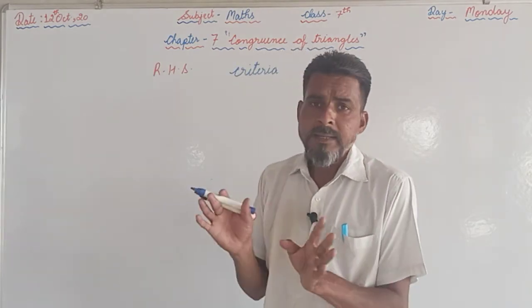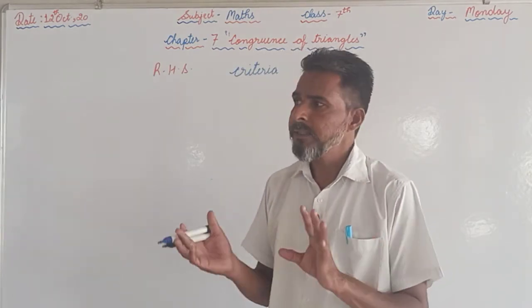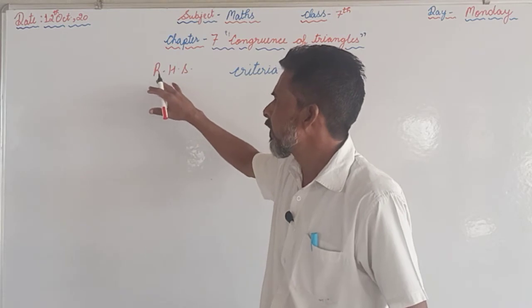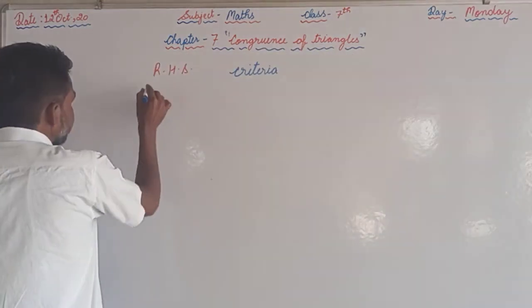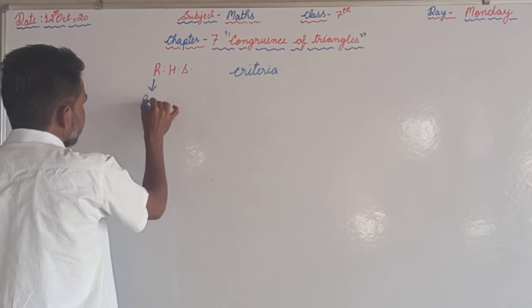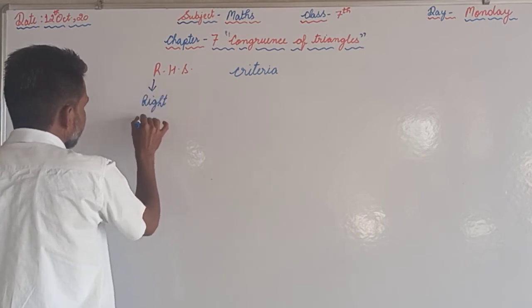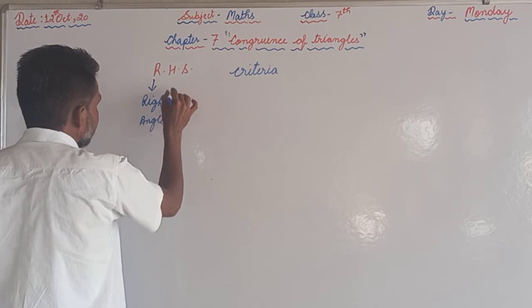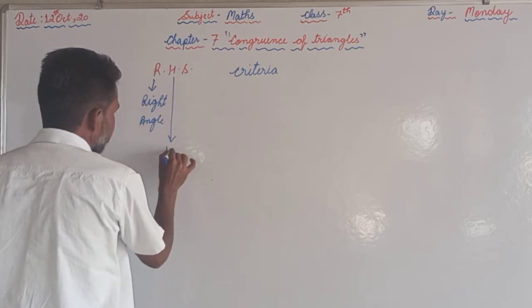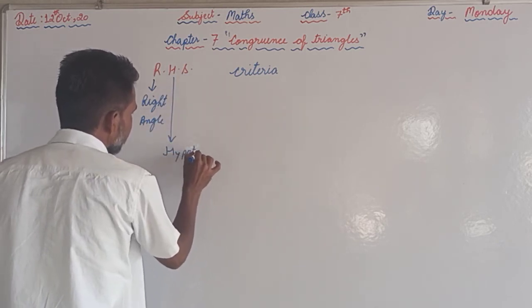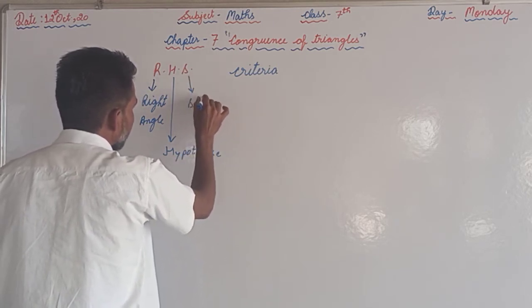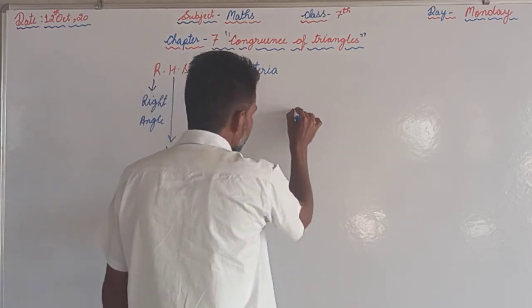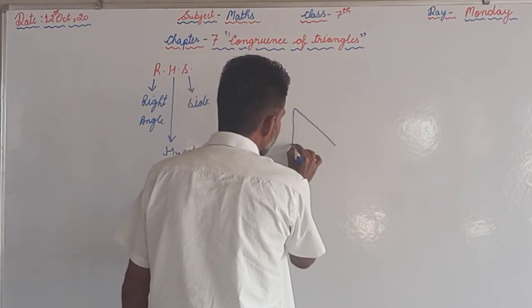Now side, side, angle will not be there. If two sides are equal, then the case will be RHS. RHS means R stands for right angle, H stands for hypotenuse, S stands for side.